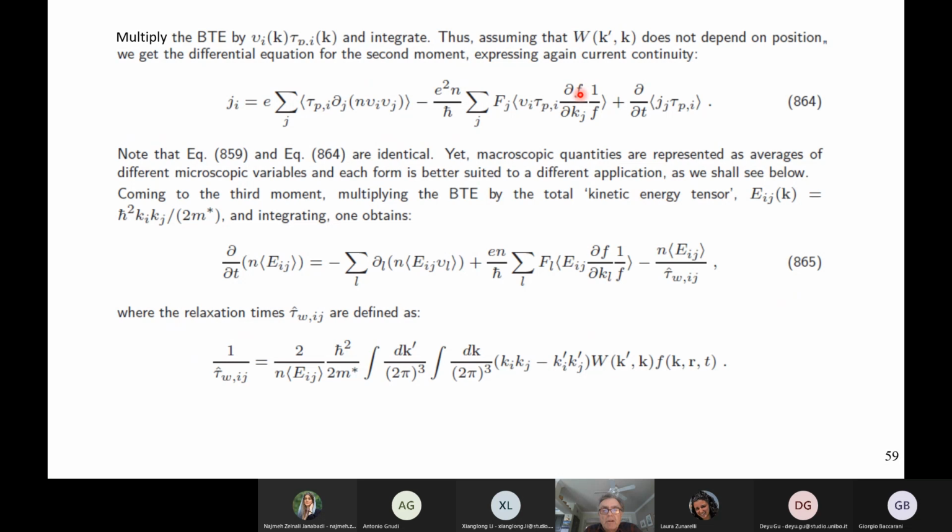Notice that if this is a thermal equilibrium distribution function, this will be the derivative with respect to k, or the gradient with respect to k, of the Fermi-Dirac distribution function, or the Boltzmann distribution function, and this is the energy, except for a kT factor. Let's assume that this does not depend on k.